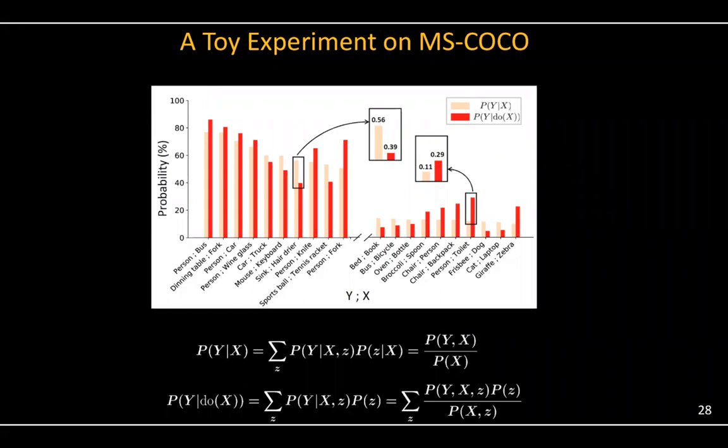So then, how can we really do the do-calculus? Here the point is: what is the Z? The Z should be the confounders. And in an image, what are the confounders?